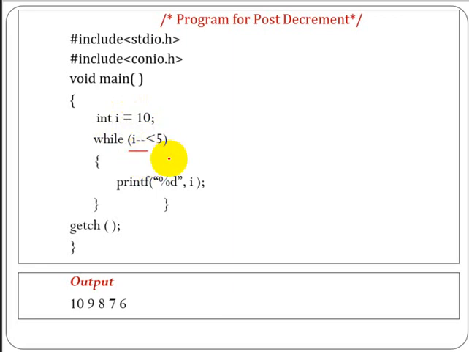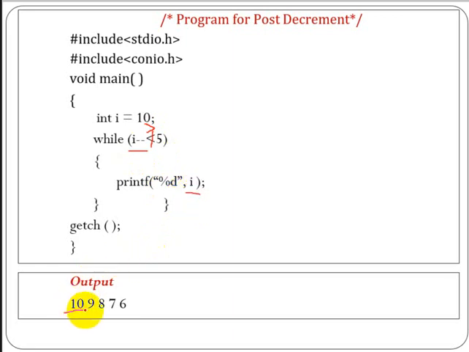Yes, it is less than. This should not be a less than; it should be a greater than. So if i is greater than 5, yes, of course 10 will be there, so it will print the 10.